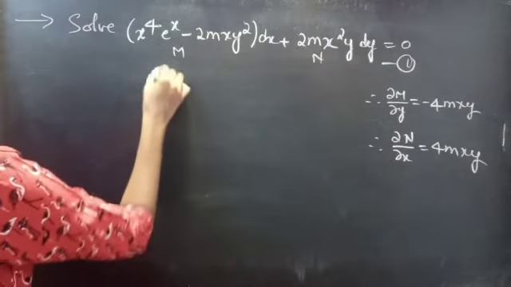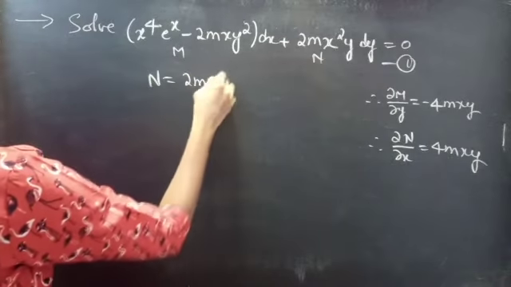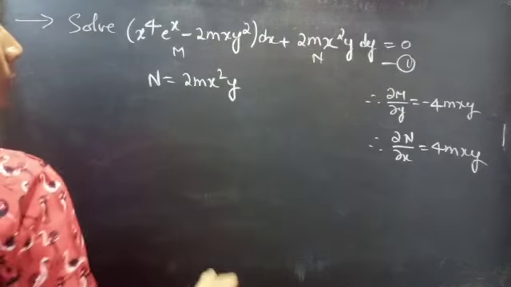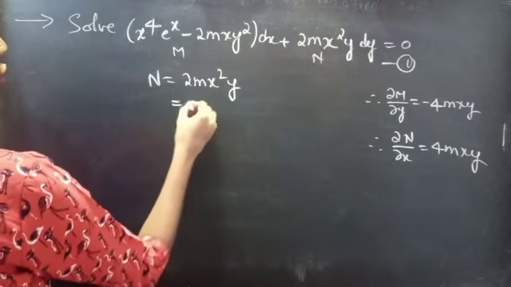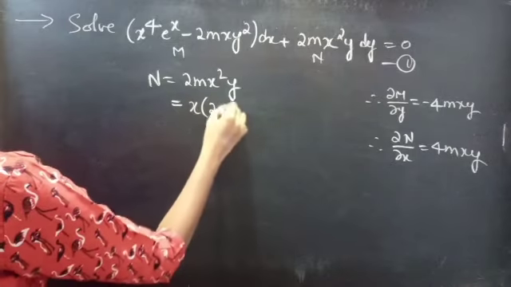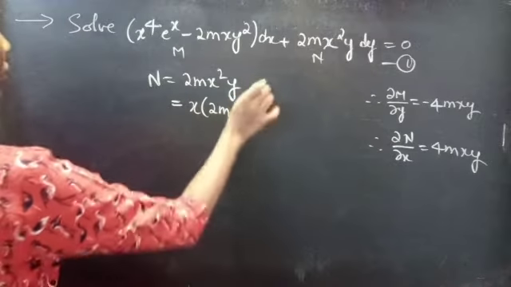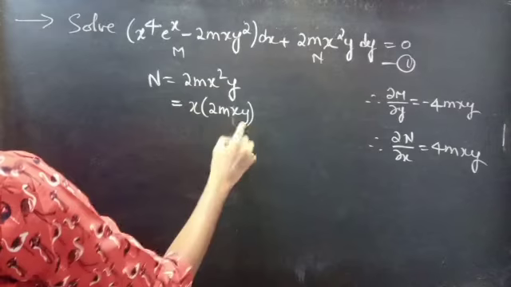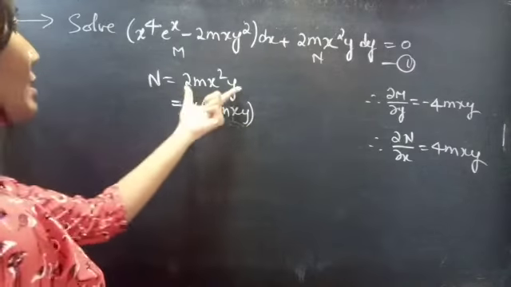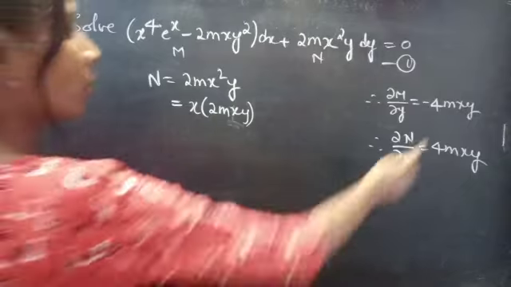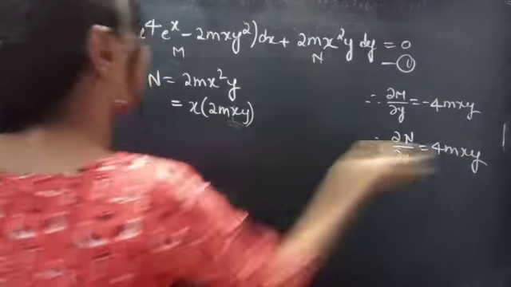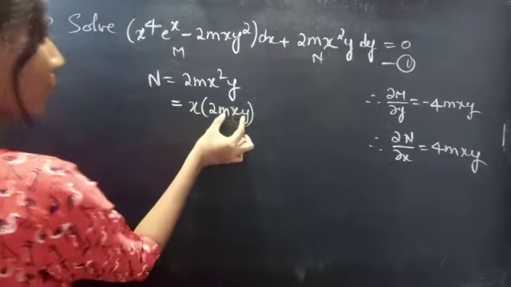So, consider N equals 2mx²y. You can write this as x into 2mxy. Here you have mxy, and here also you have mxy.